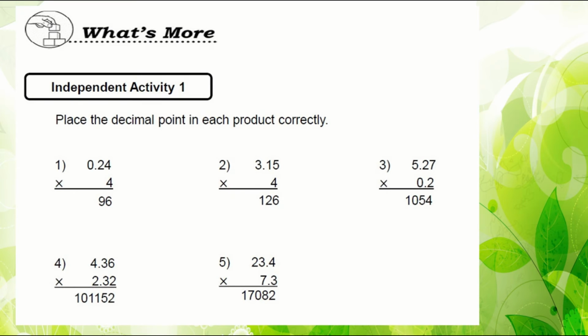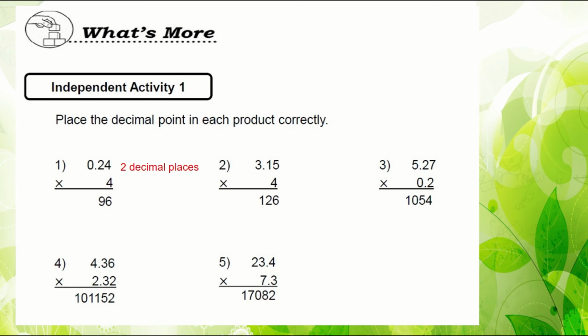For independent activity 1, we have the product. So you're going to place the decimal point in each product correctly. So, for example, in number 1, we have 24 hundredths times 4. So when you multiply this, you get the numerical product, but we have to put the decimal point.